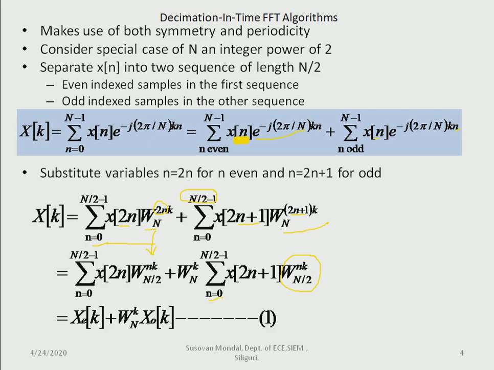So we can write this part out of the summation. So finally we can write that Xk is equal to X even of k, this total I wrote as X even of k, and this we wrote as X odd of k, and this is wn. This is the first equation, I gave equation number 1.